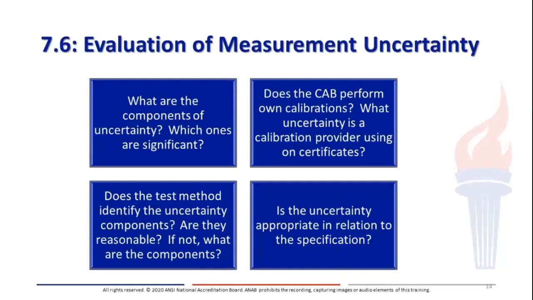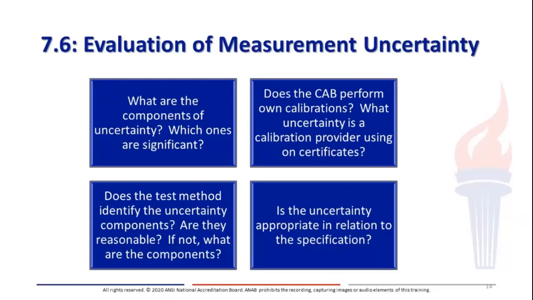Does the conformity assessment body perform their own calibrations? If so, then the standard tells us that we have to compute uncertainty for that. What is the uncertainty associated with the calibration provider on their calibration certificates?